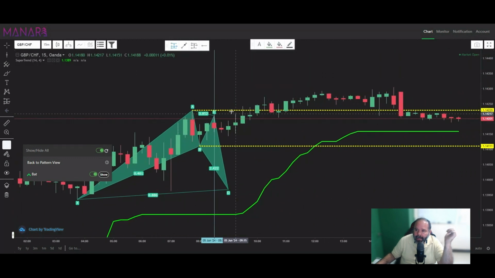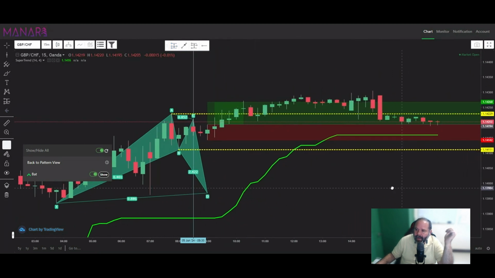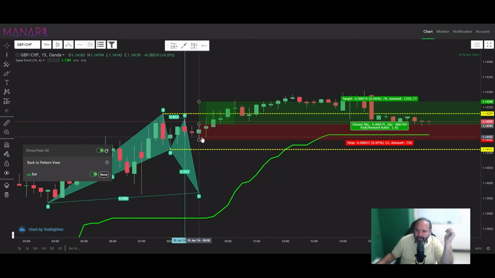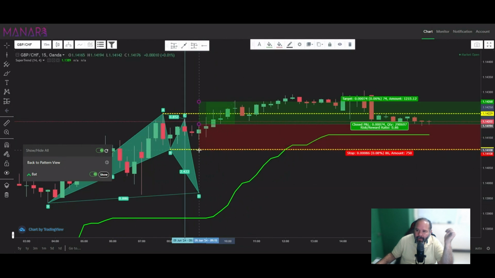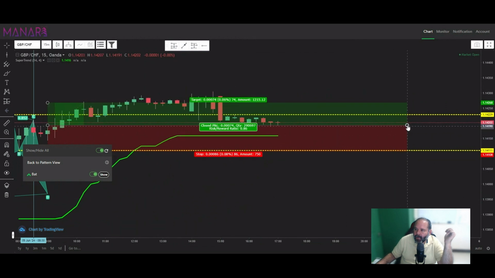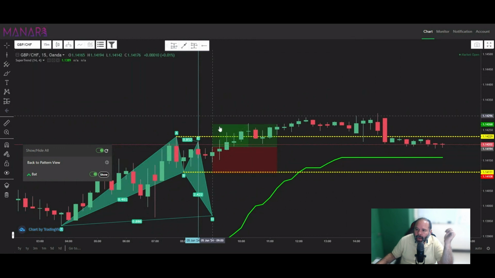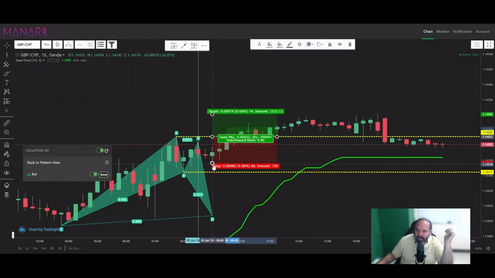The pending order is going to be, the entry is going to be on point A. The stop loss is going to be on point B. And there we go. Then I'm always going to look for a 1-to-2 risk reward ratio. That's the entry. This is the stop loss.